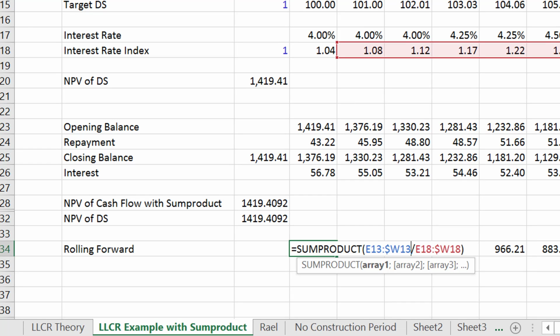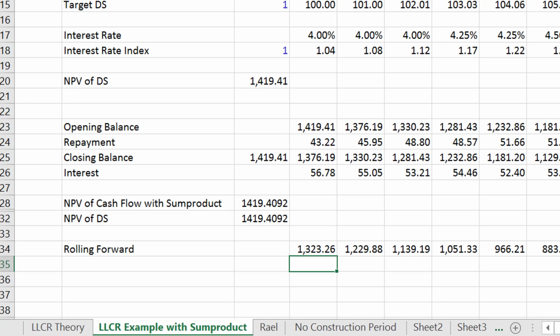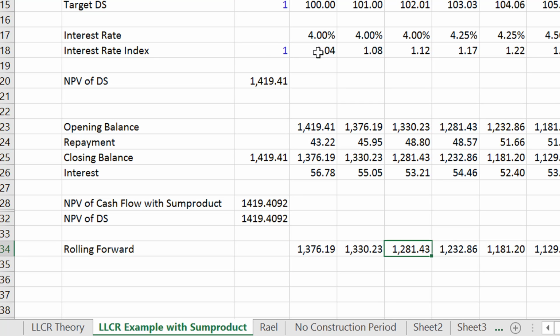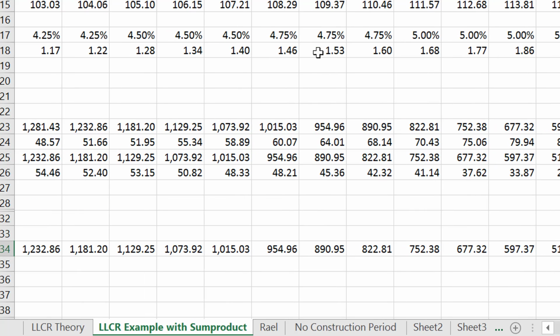So instead we take this number, and we're discounting it too much, so we have to multiply it by the last number. And then we get the same number. I hope. Yeah, this is the same.